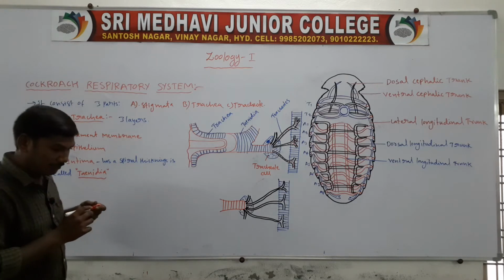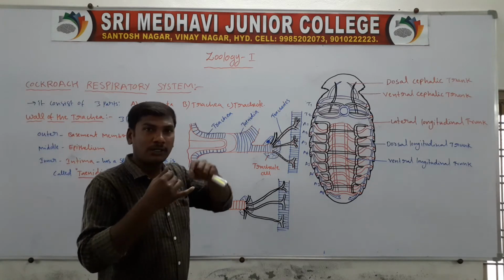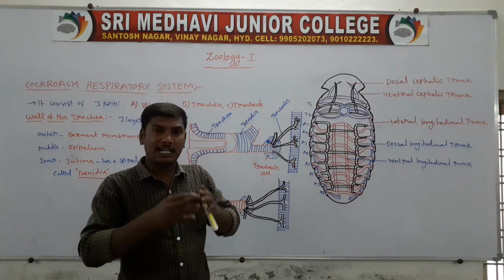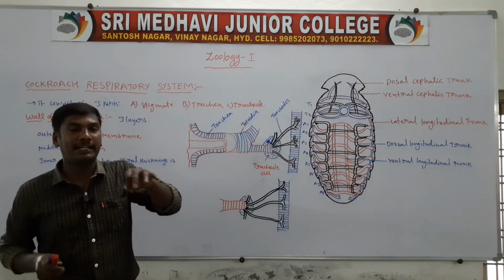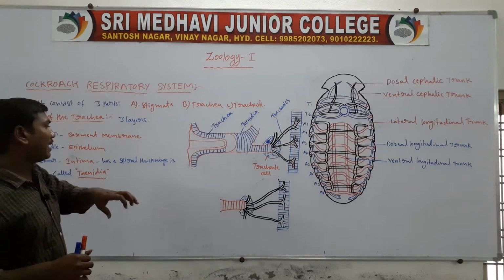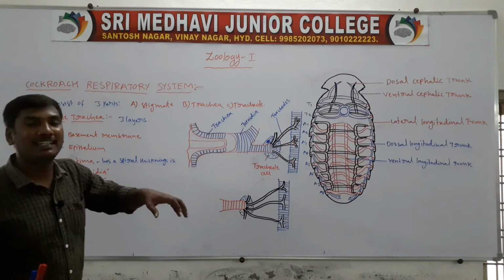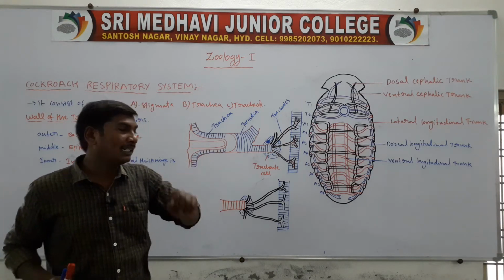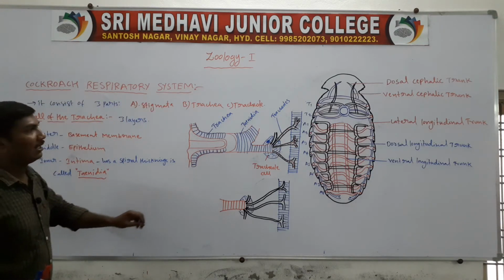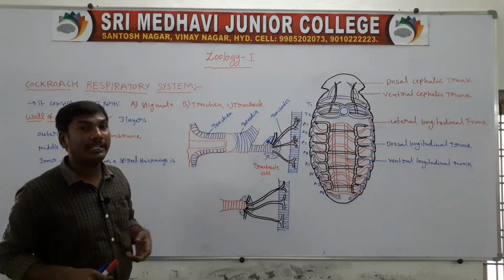So the wall of the trachea contains three layers: outer basement membrane, middle epithelium, and inner intima. The inner one is the intima, and the intima has spiral thickenings called ctenidia.